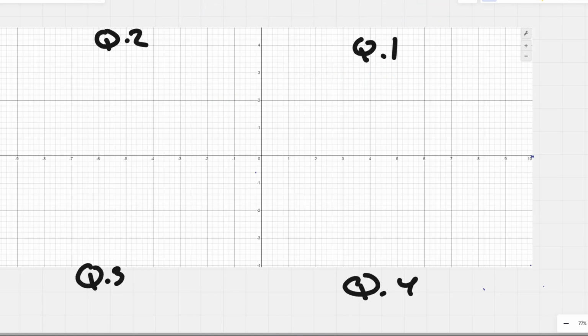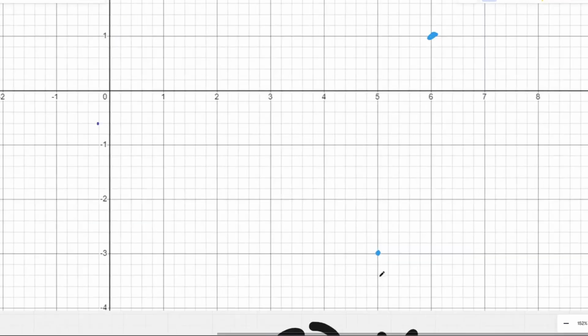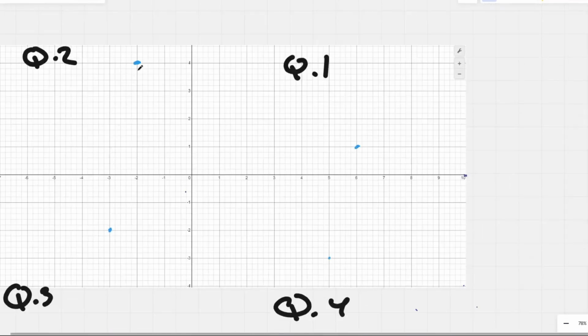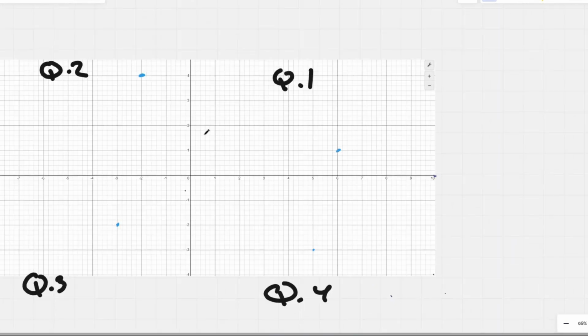I want you guys to name these points, the ones I'm pointing at here. I can zoom in for you if you need me to. You can pause the video and try it out.